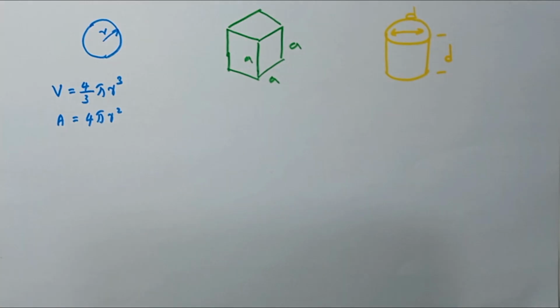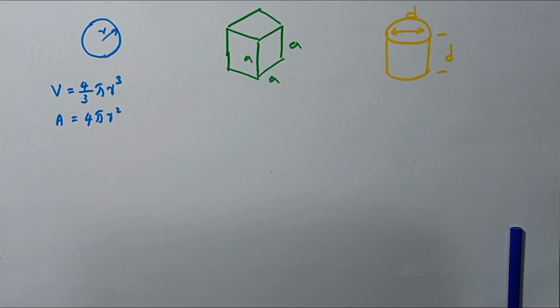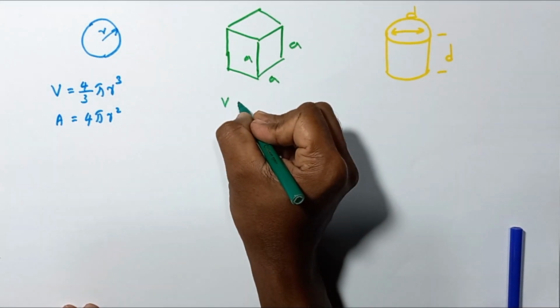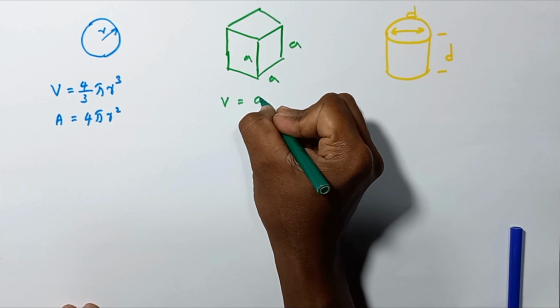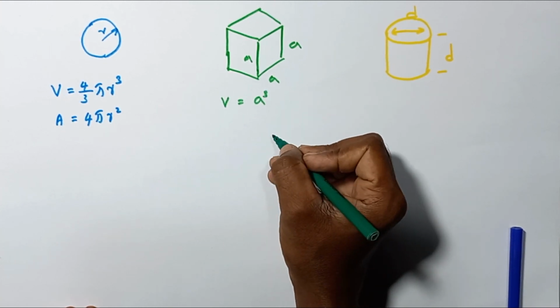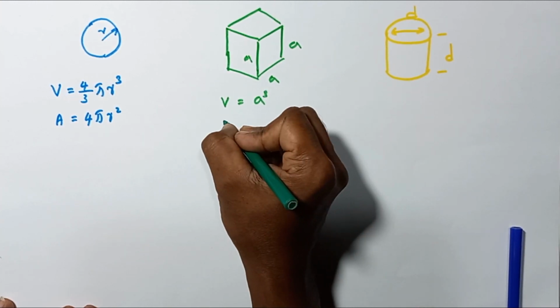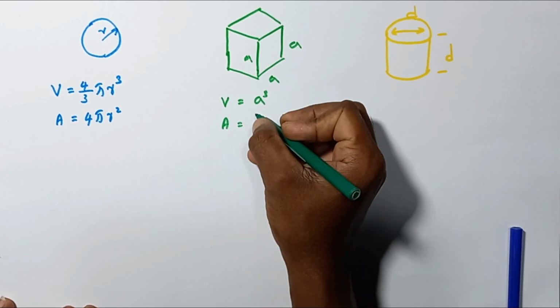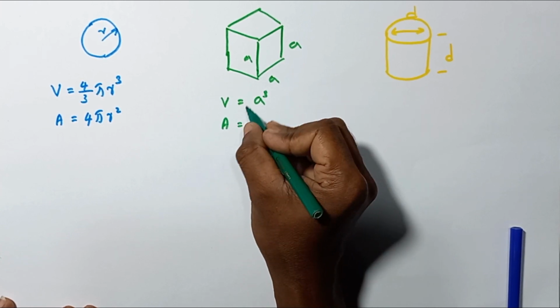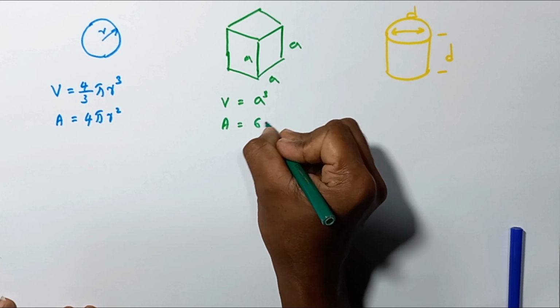The volume of the cubical shape is A cubed, and the surface area is 6 sides, so 6A squared.